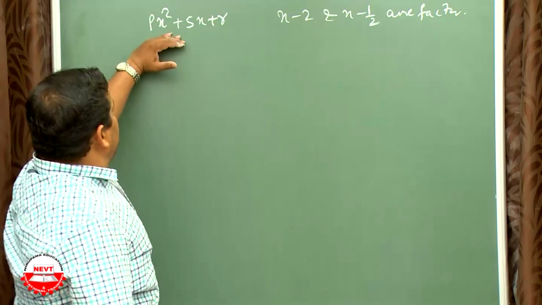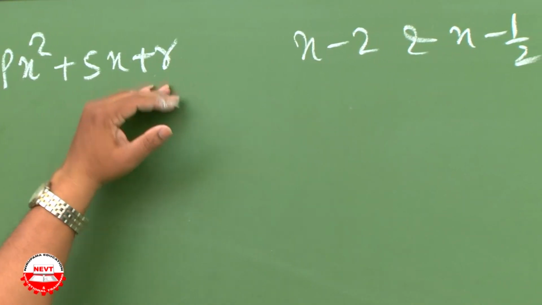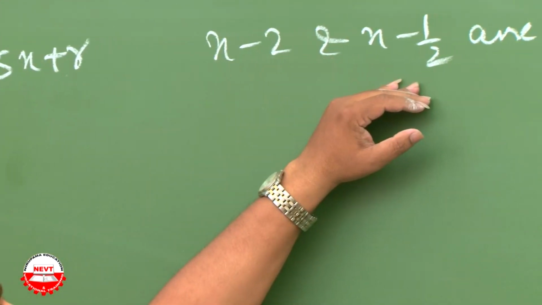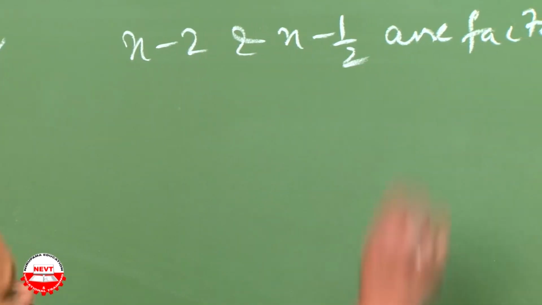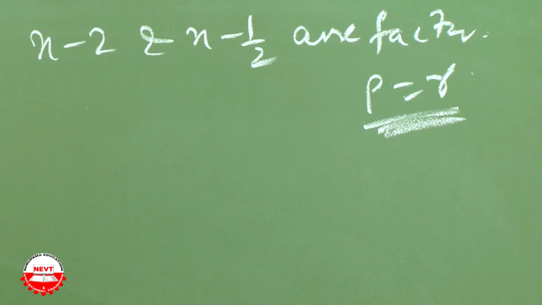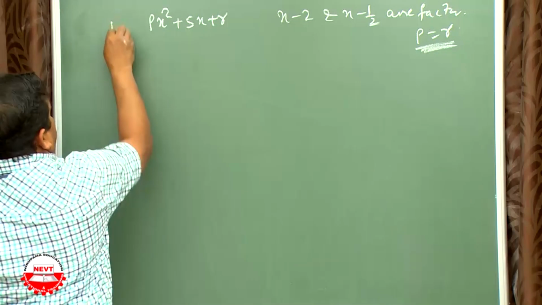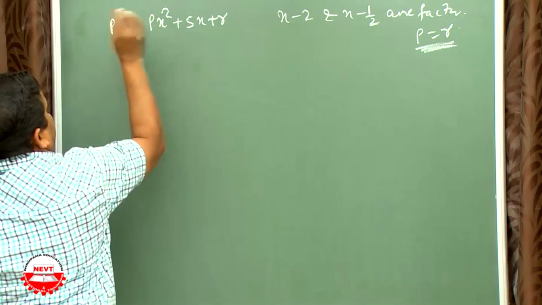This is a polynomial p x square plus 5x plus r. It has x minus 2 and x minus 1 by 2 as factors. Then show that p is equal to r. This is a previous year question. Okay? So how to solve this? Just check here. This is your p(x) polynomial.